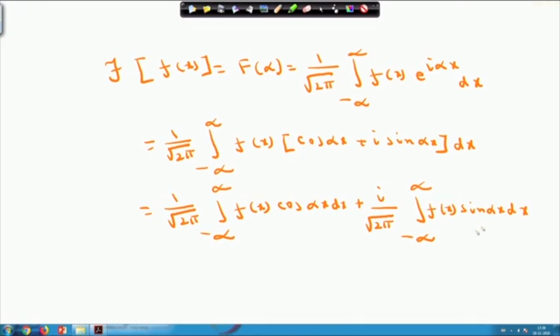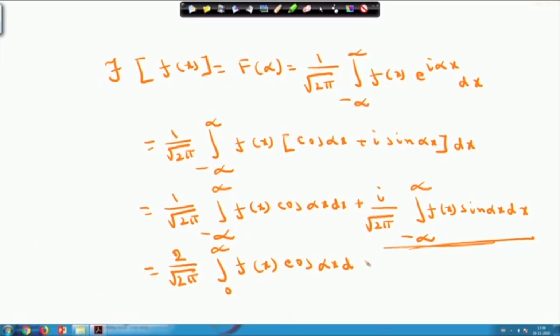Now, from here what will happen? This is the odd function, so this will vanish, since this is the even function. This part will vanish because it is the odd function, and the other function is the even function. So, you can write 2 by root over 2 pi, 0 to infinity f x into cos of alpha x dx.